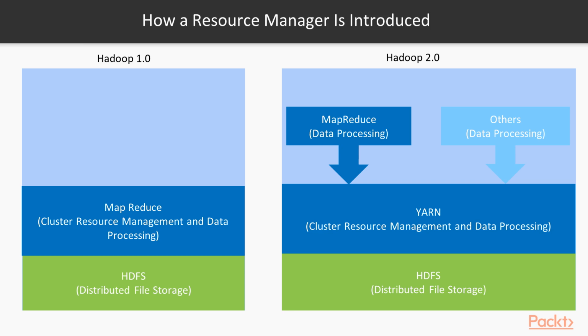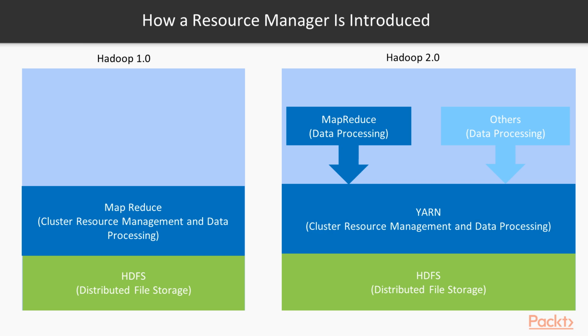Now this whole problem is resolved via one solution. You can see that on the left-hand side I have Hadoop version 1, which has MapReduce handling cluster resource management and data processing, and the Hadoop Distributed File System. On the right-hand side, we have MapReduce and other data processing, and then we have HDFS, which is completely below.